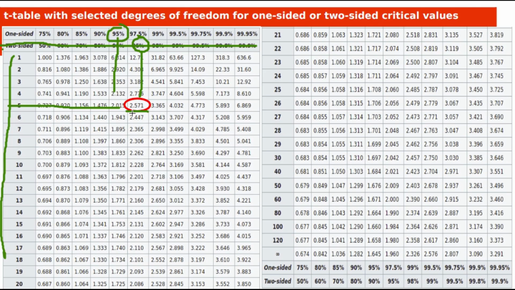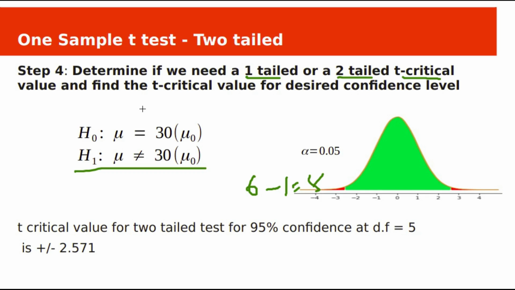Here our t critical value is 2.571. The table shown here is the right half of the distribution. Since the t distribution is symmetric, the lower critical value will be minus 2.571. So the t critical value for a two tail test for 95% confidence at degrees of freedom 5 will be plus or minus 2.571.